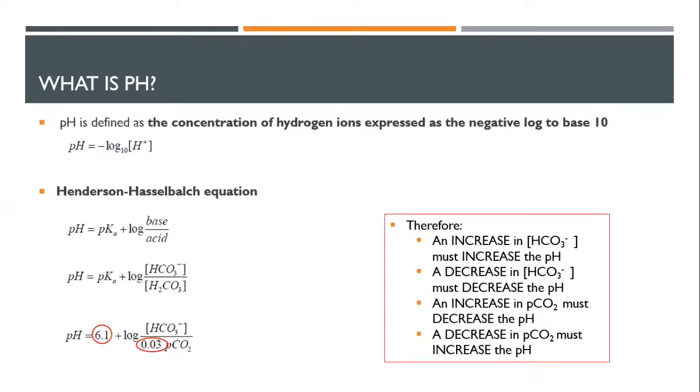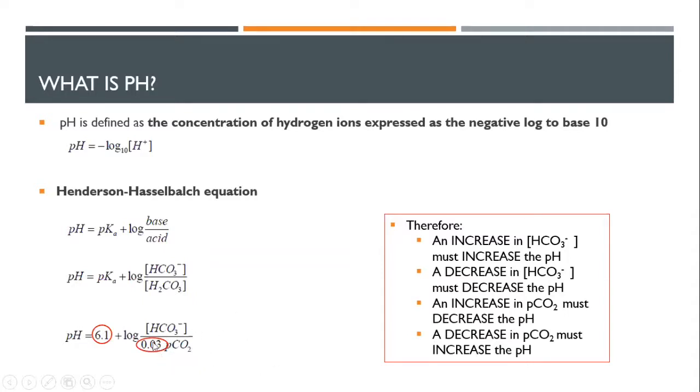So if you look at this equation from a purely mathematical perspective, when your bicarb increases, mathematically your pH has to increase. And when your bicarb decreases, mathematically your pH has to decrease. And the same can be said for the PCO2.